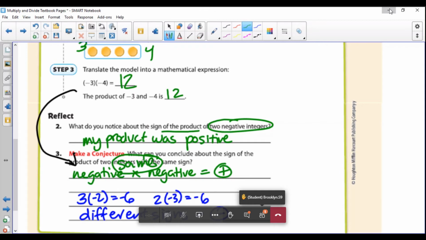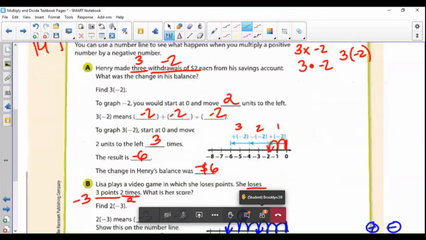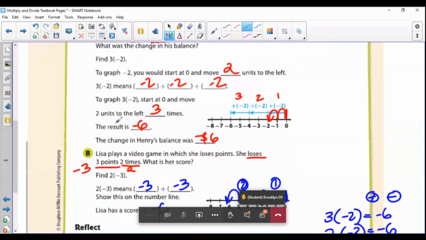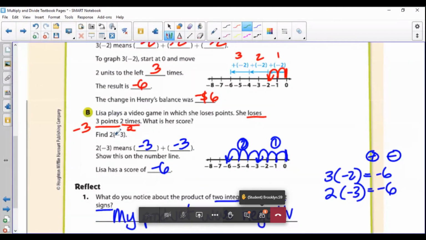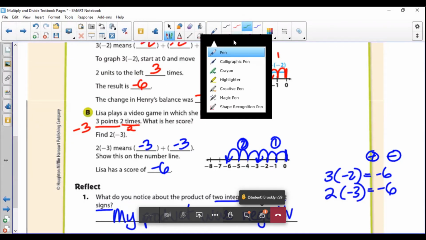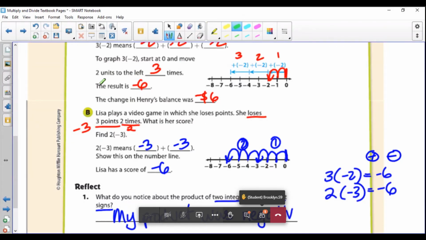Okay, so you remember over here when we did these two problems, right? Positive 3 times negative 2, or positive 2 times negative 3. Remember these two problems we did? So notice when I did these two problems, we got negative answers. Even though we multiplied 2 different signs, like a negative and a positive, or a positive and a negative, both our answers came out to be negative.